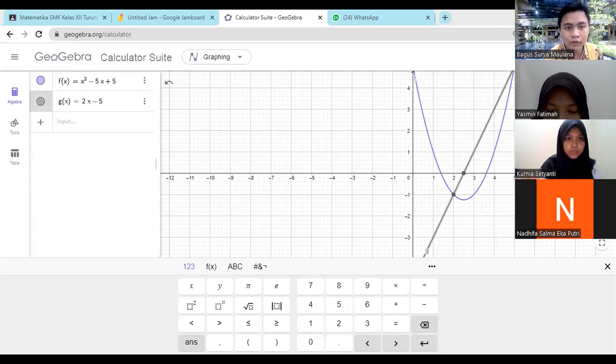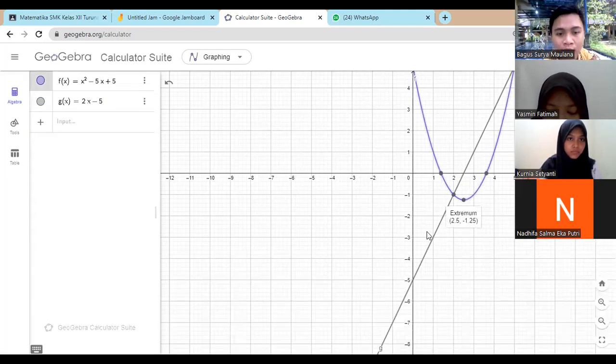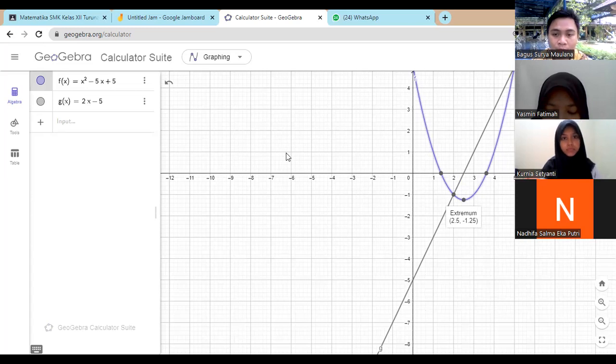So the next is we have to find the maximum, because the question is the maximum. We know that the maximum is in here, this is the peak of the graph, and then we can use the definition of it, which is the extremum of the graph. Here we can see it's at 2.5.